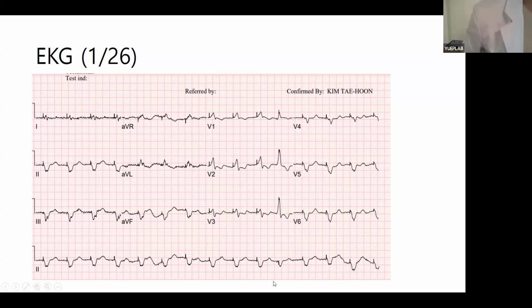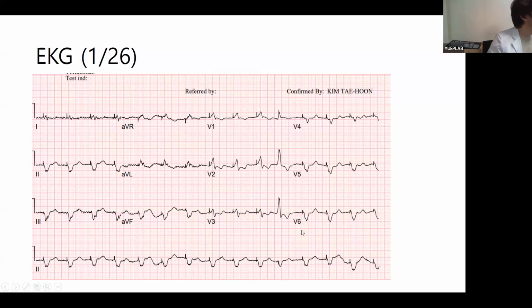So this is maybe PVC or fusion beat, very similar to the previous ECG. BiV pacing, but maybe the LV lead is positioned a little bit more mid to apex, so we can see negative polarity in V6.